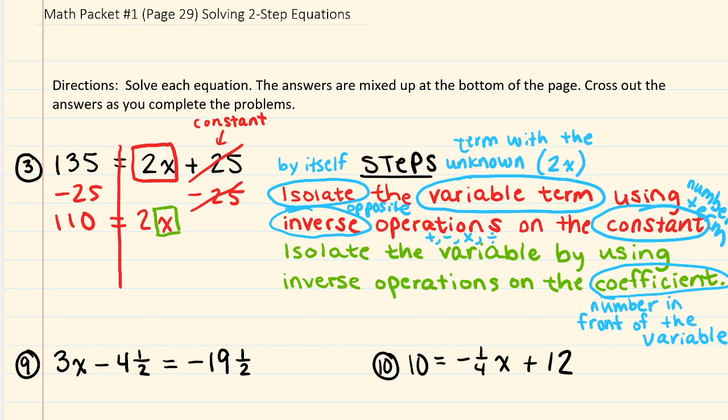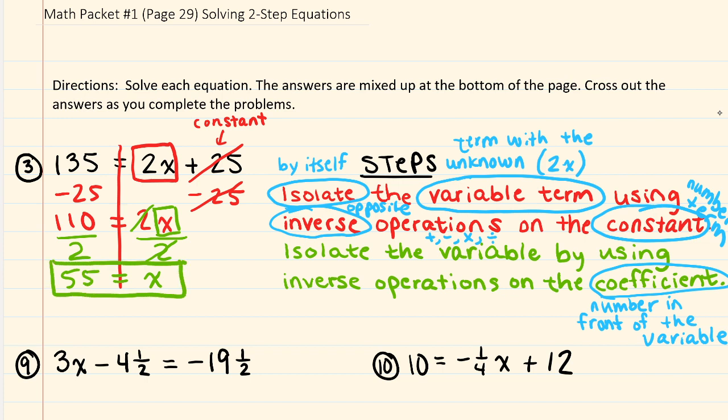And 2x means 2 multiplied by x, 2 times x. So to get rid of the times 2, we're going to have to do the opposite, the inverse, which is divide 2. And whatever I do to one side, I have to do to the other. So the times 2, even though you can't really see it, it is times 2. The times 2 and the divide 2 are going to undo each other. So we're just left with x, which is exactly what we want. And over on the left-hand side, we have to figure out what is 110 divided by 2. Well, again, that's pretty easy. That's 55.